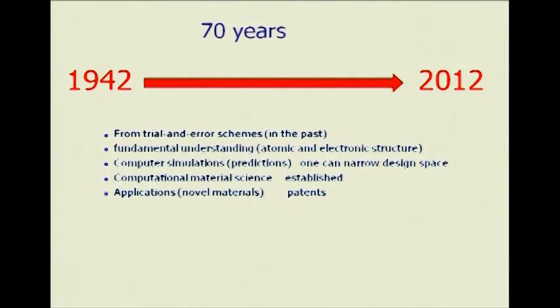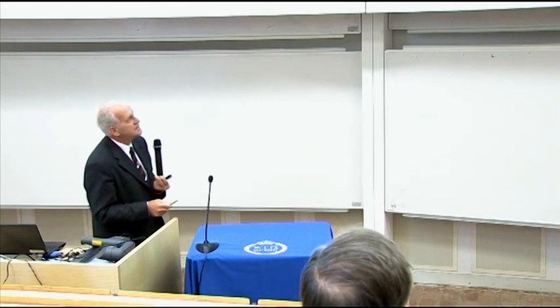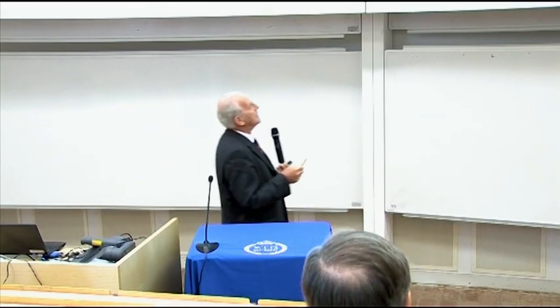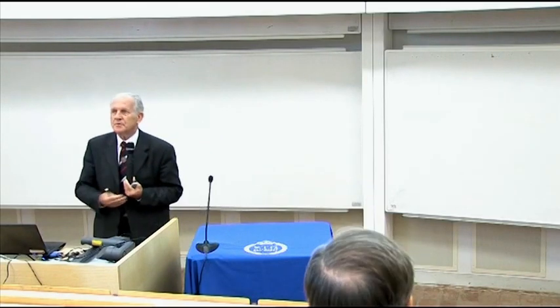You don't have to go through the whole periodic table, and you can say certain aspects are promising and others are not. And here theory can do a lot, and computational material science has been established. And now applications, novel materials, and even patents came out of such a field. And that is a tremendous progress that has been made.